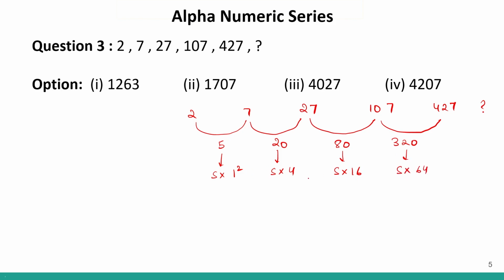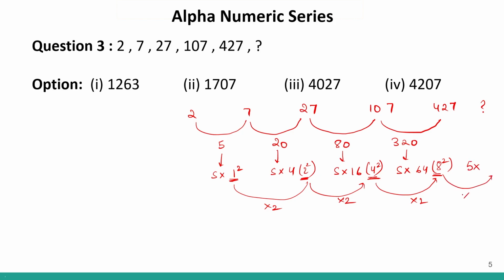So 4 can be written as 2 square, 16 can be written as 4 square, 64 can be written as 8 square. Now if you look at 1, 2, 4 and 8, this is basically into 2, this is also into 2, and this is also into 2. So the next term will be 5 into 2 of 8.